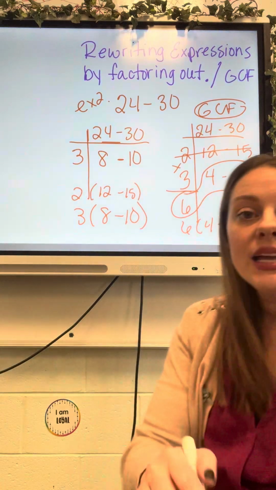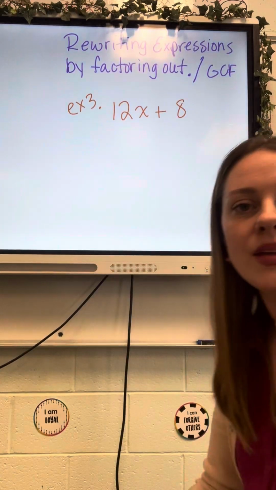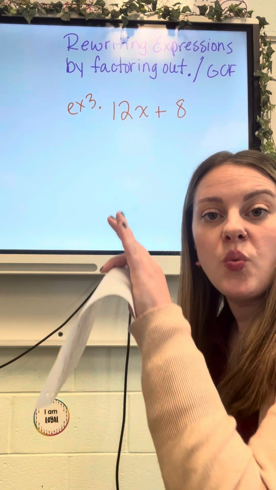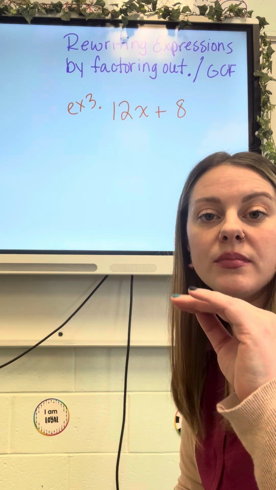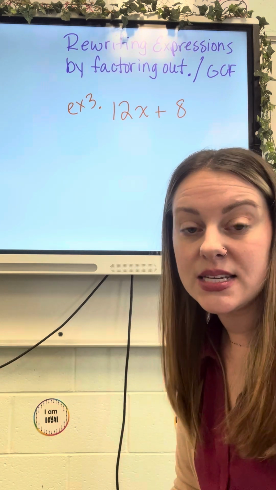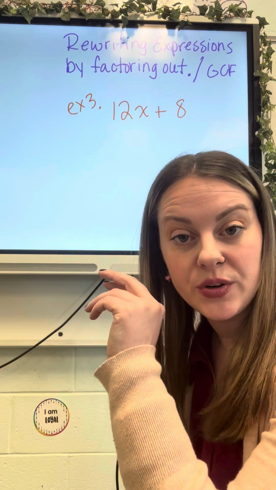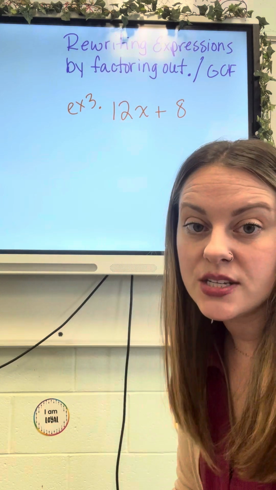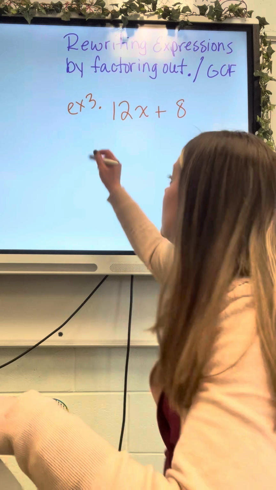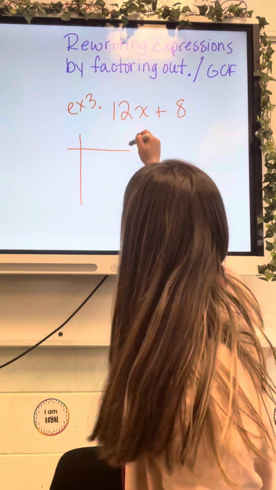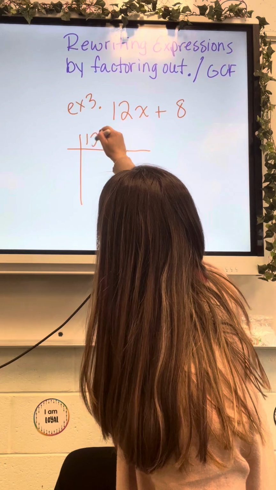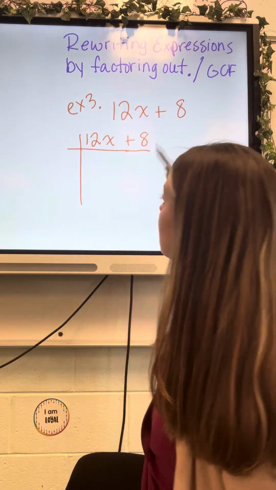All right, last example. I want you to rewrite the expression by factoring out 12x plus 8. Now, the only difference is there's a variable involved, okay? Nothing changes. You just bring the variable down. So I'm going to set up my T-chart. I'm going to bring in 12x plus 8, okay?